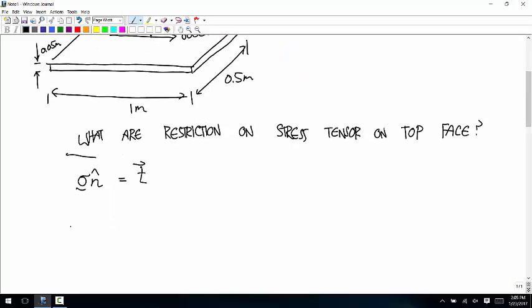Okay, so the traction is just equal to the total force vector divided by the cross-sectional area. And so that is 1 over A, times the total force vector.